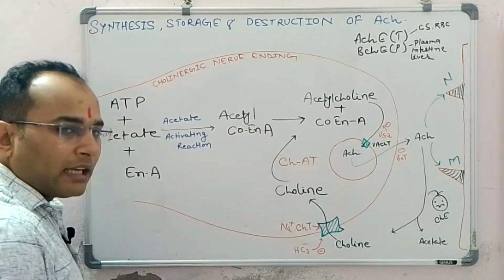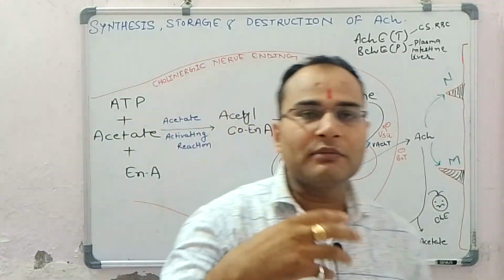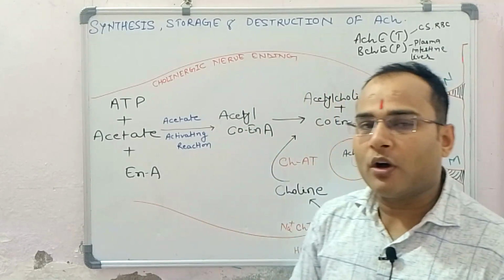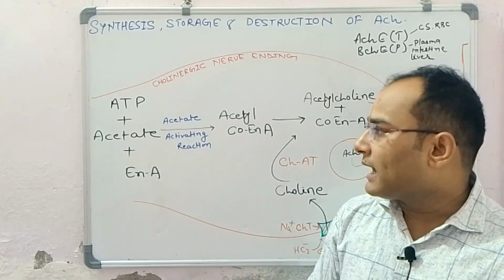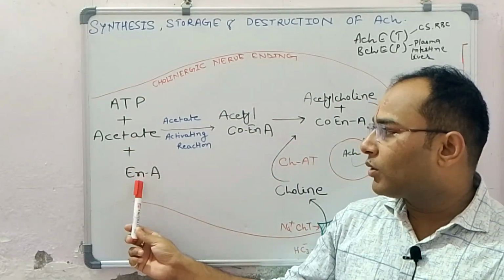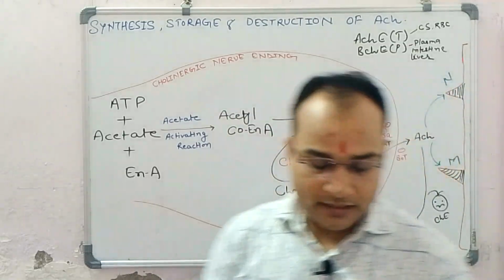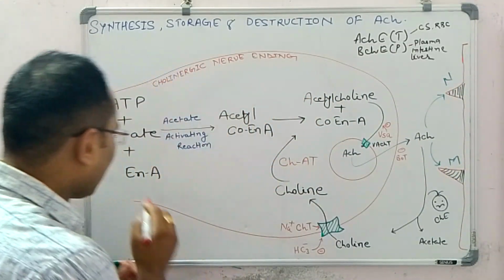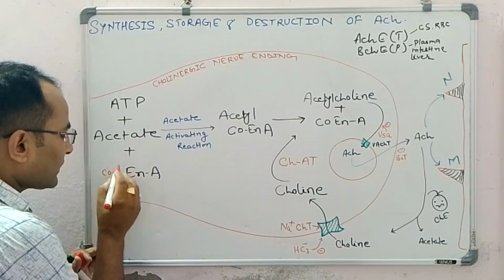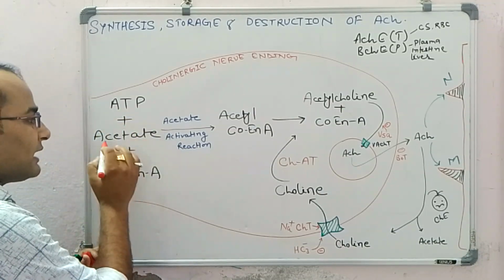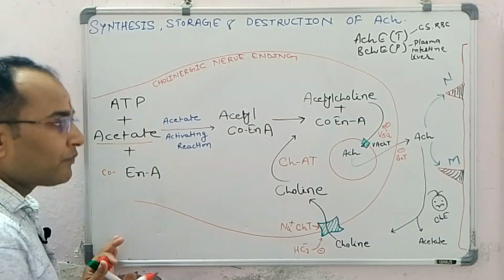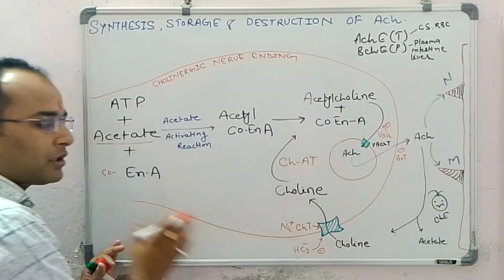So acetylcholine initially gets synthesized with the help of ATP, acetate and coenzyme A. This is coenzyme A, right? This is the acetate activating reaction inside the cholinergic neuron.